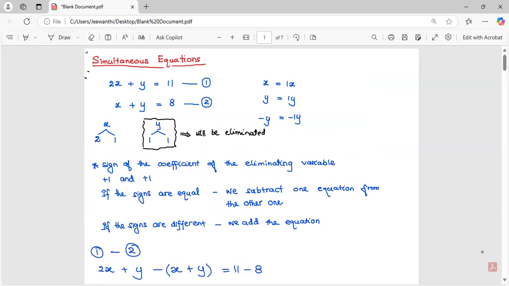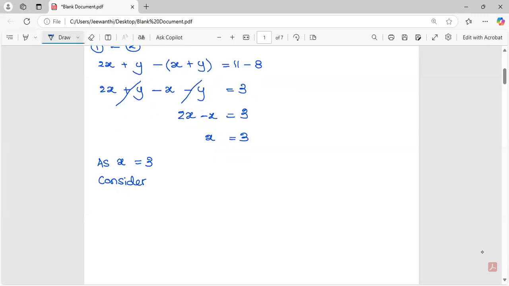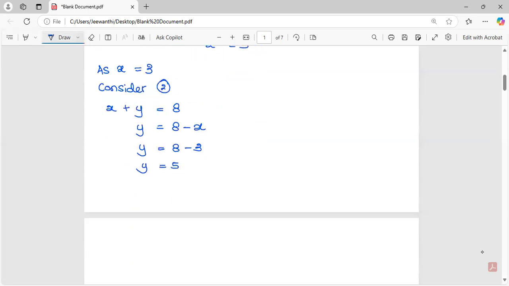So x plus y equal to 8, y is 8 minus x, y is equal to 8 minus 3, and y is equal to 5. Therefore, x is equal to 3 and y is equal to 5.